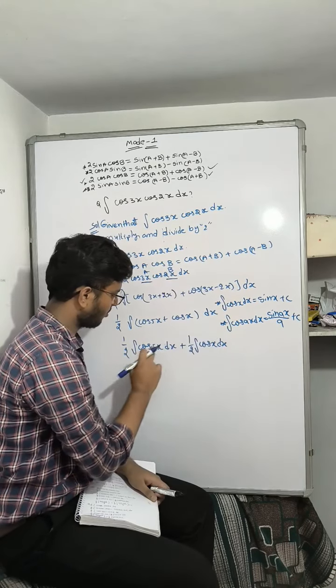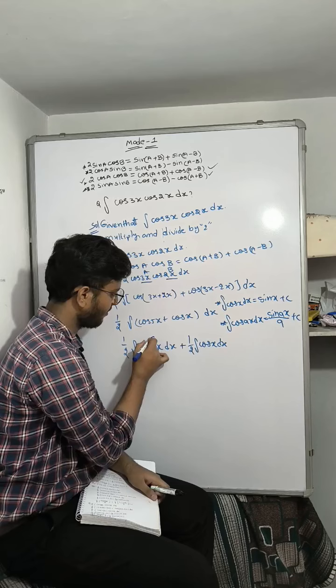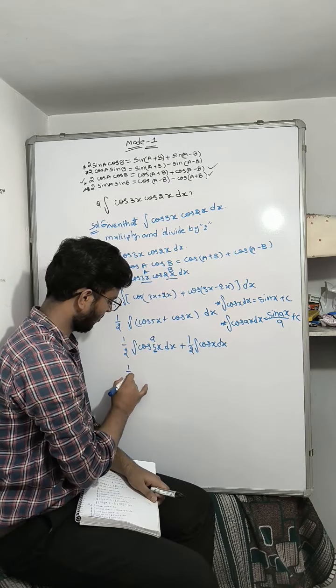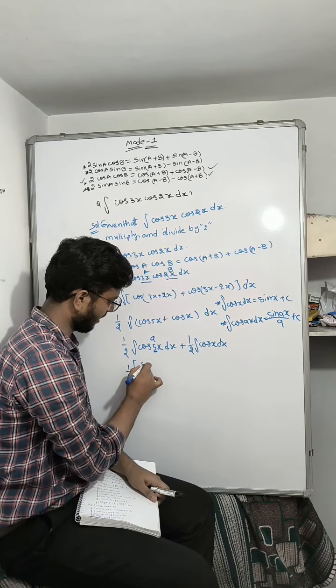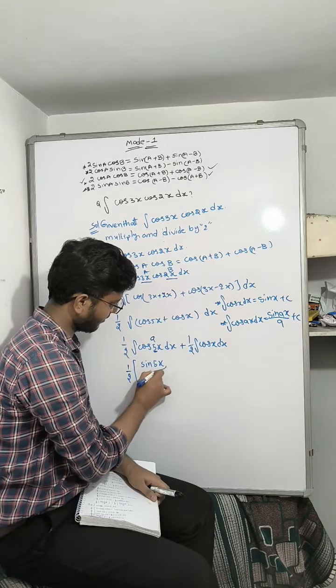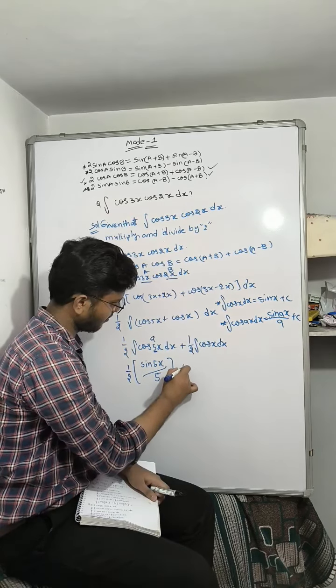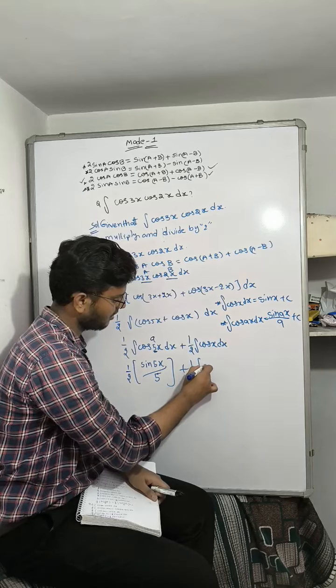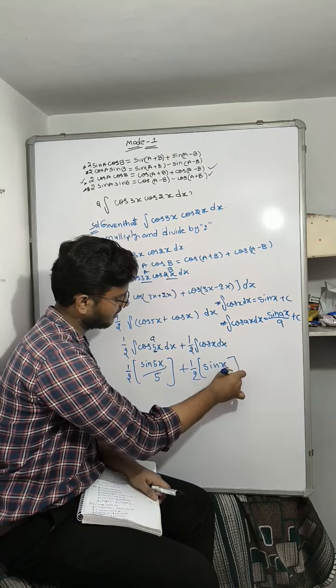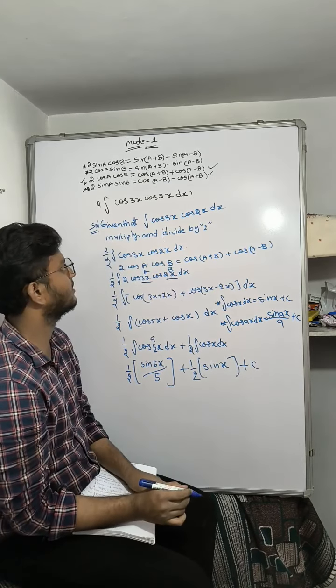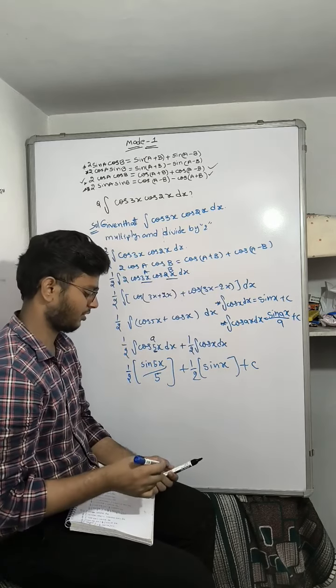It is the same. Here a means 5. So 1 by 2 of sin 5x by 5 plus 1 by 2 of sin x plus c. Okay, this is the solution of this question.